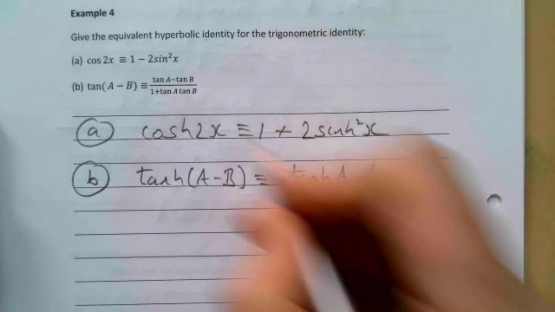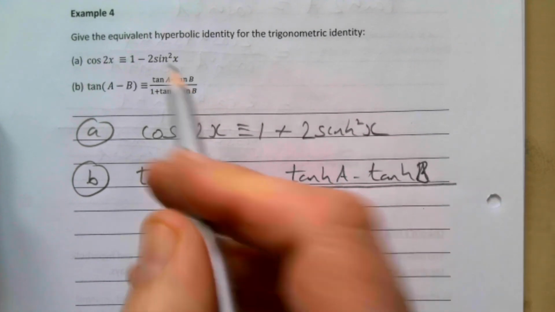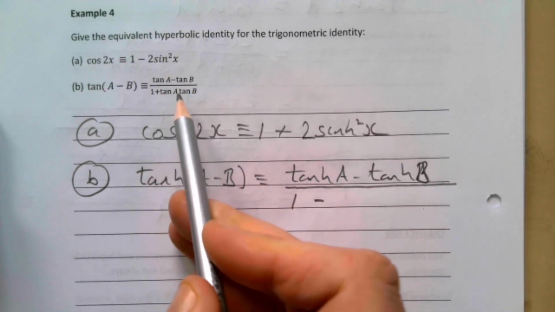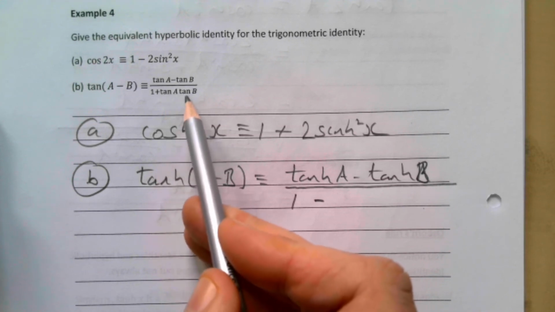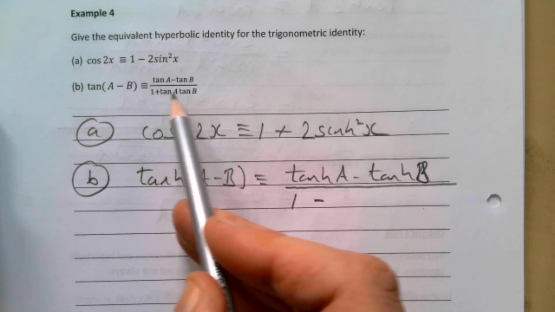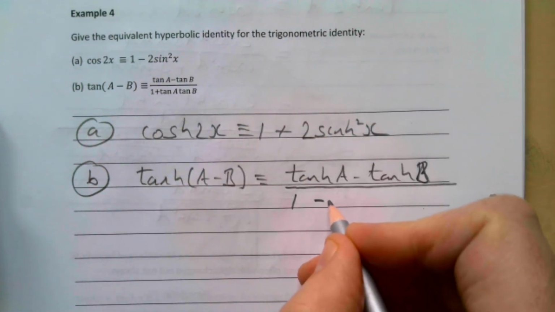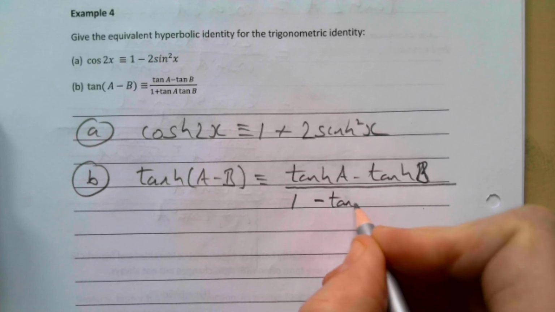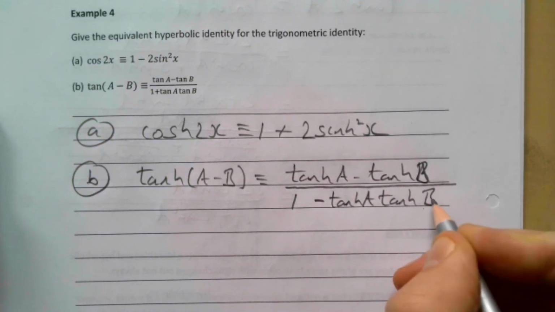So it's going to be 1, and we're changing this to a minus. Can you see why? This is what we mean by the implied product, because tan is sine over cos, so it's sine over cos times sine over cos. That's our implied product of two sines, so that's the instance whenever we change the sign. So it's tanh A tanh B.